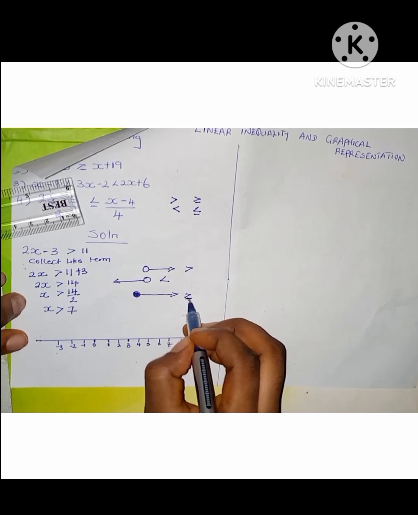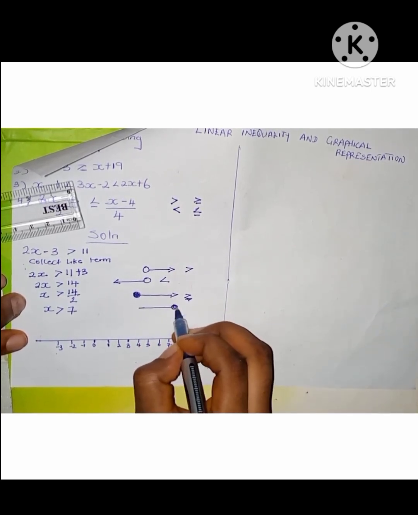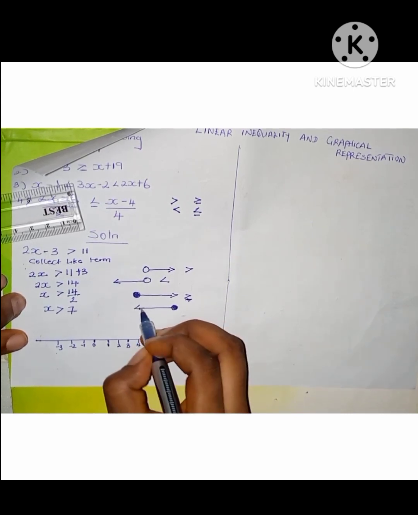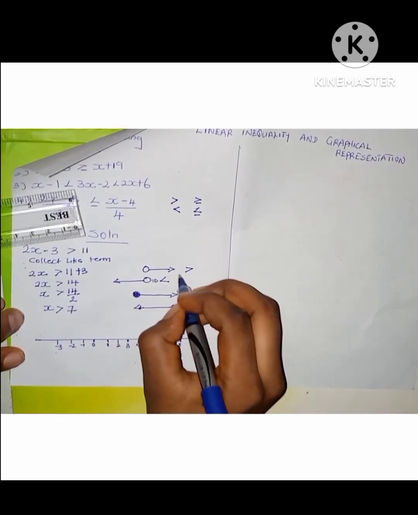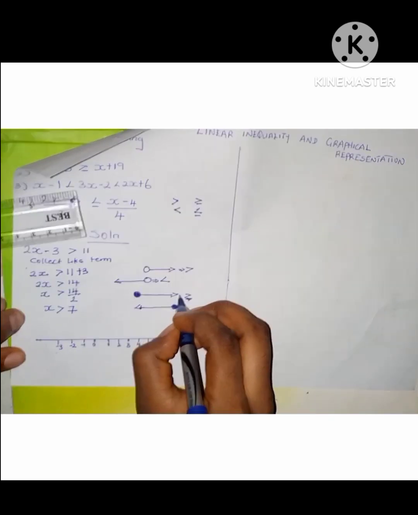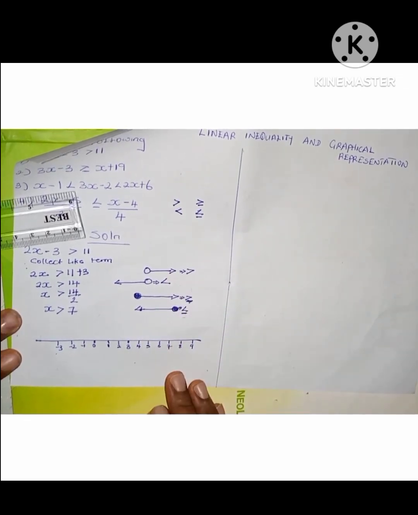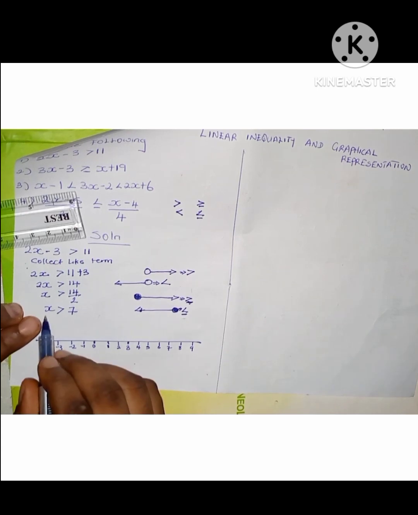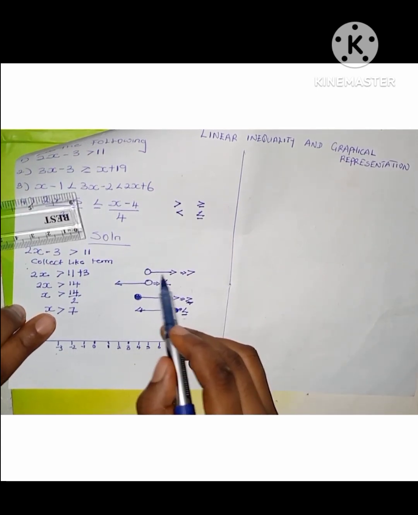And the next one is this one, shaded also but goes to the left hand side, is called less than or equal to. So we are going to use these things to be representing our values in our number line. So we have that x is greater than 7, and here in our arrow we have greater than as this.